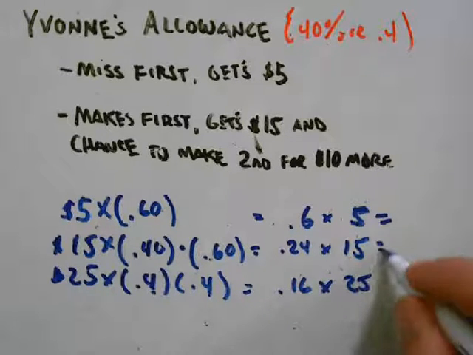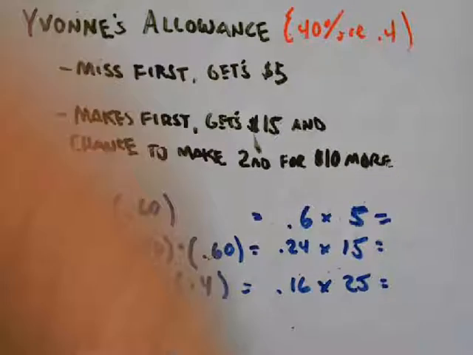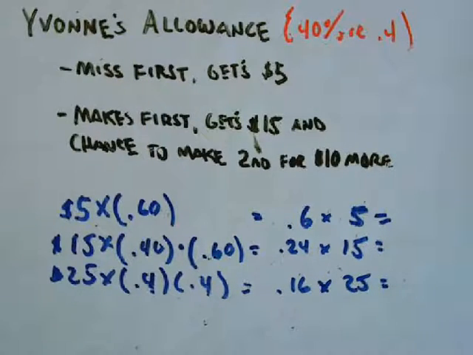So let's put all these into the calculator real quickly. I'm going to need my glasses for this calculator because the numbers are very small and hard to see. So 0.6 times 5 is 3. 0.24 times 15 is 3.6.